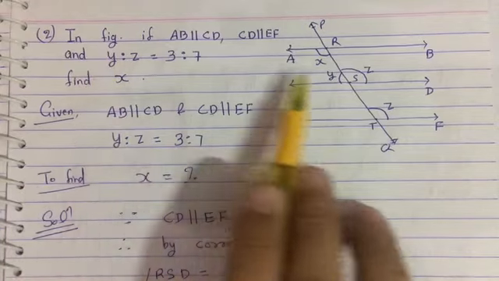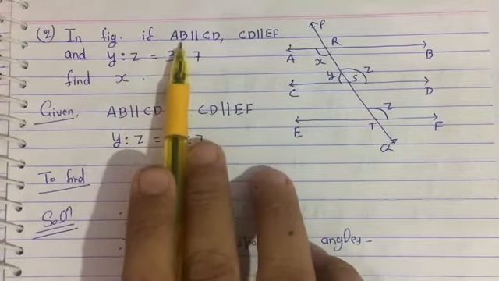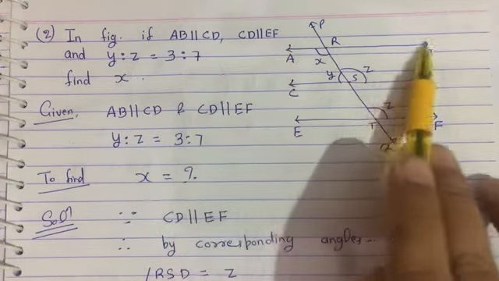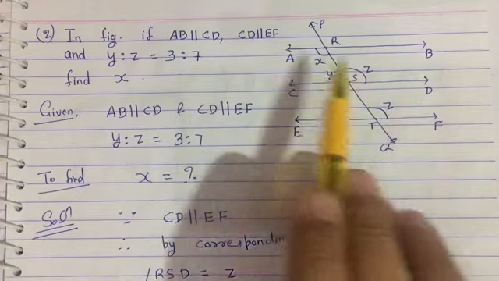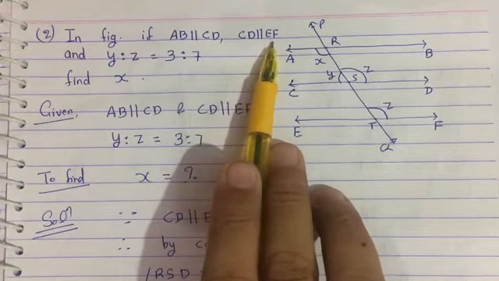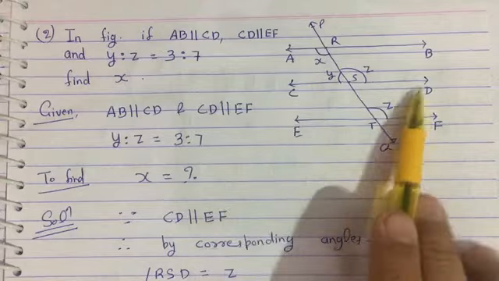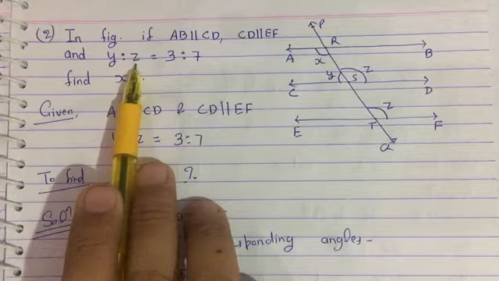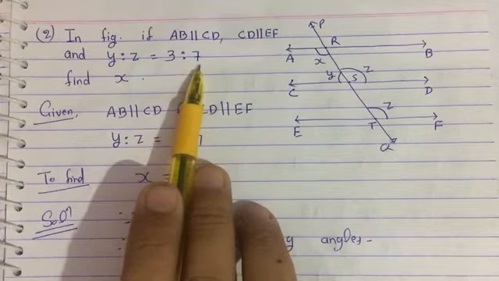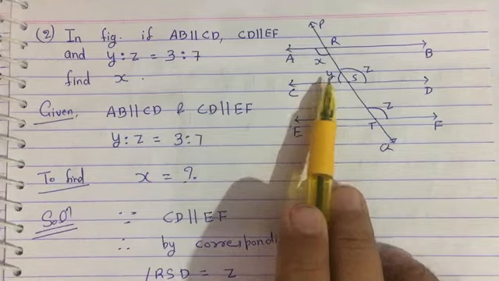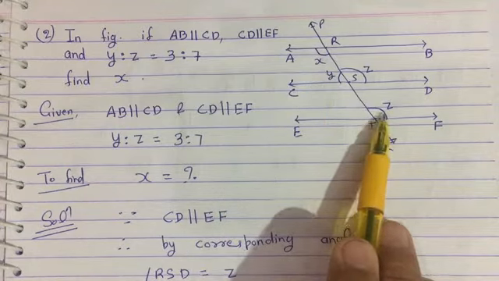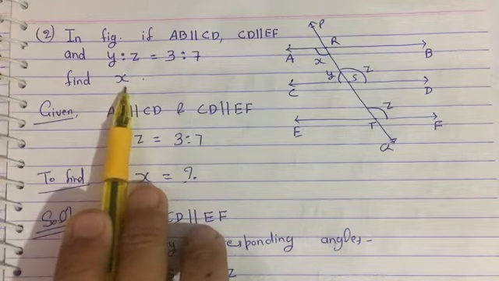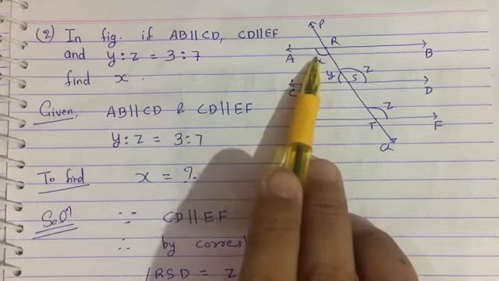In the figure, if AB is parallel to CD, and CD is parallel to EF, and y ratio z is equal to 3:7, find the value of x. We have to find this value of x.